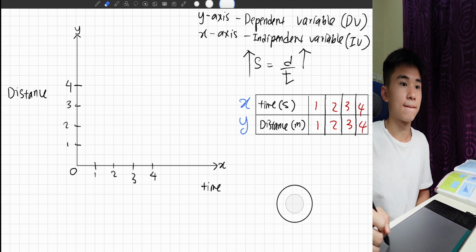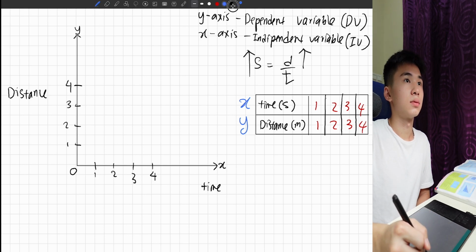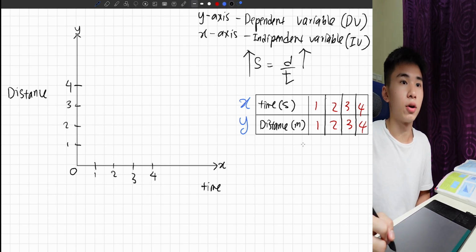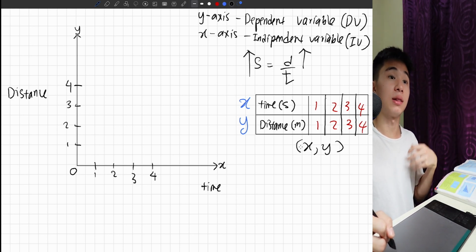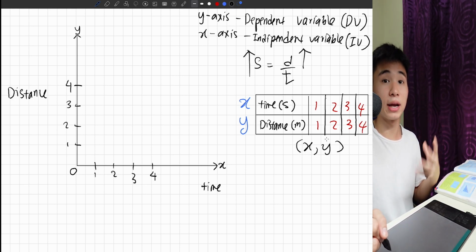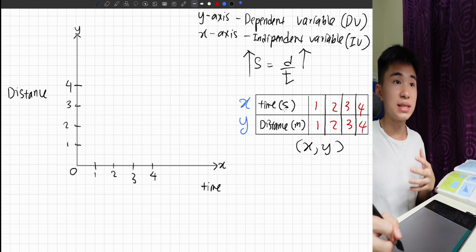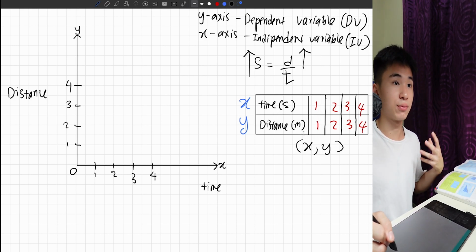So always read from x to y. X and y: the x will be the left one and the y is going to be the right one. In this case, the time is going to be the x variable, so the x-axis.